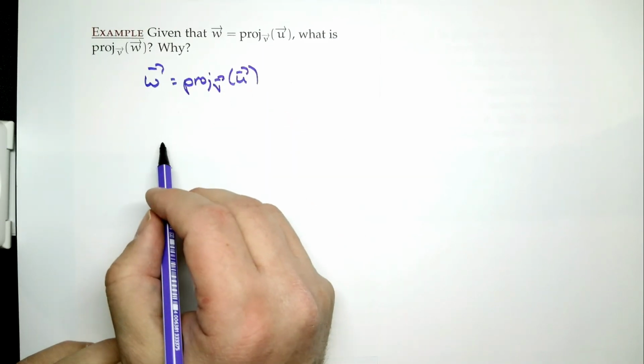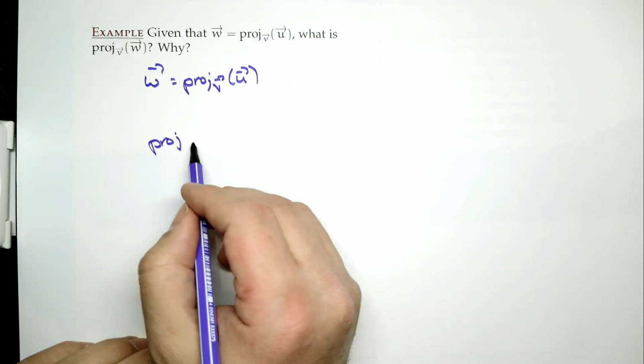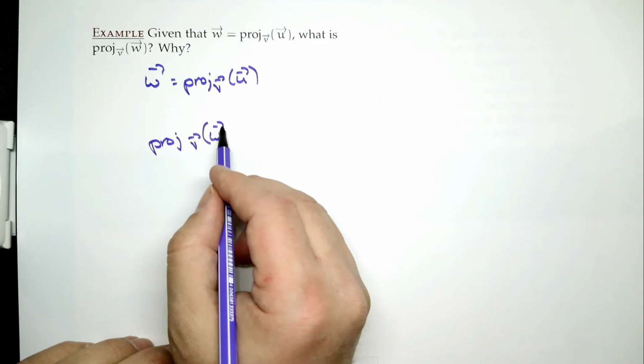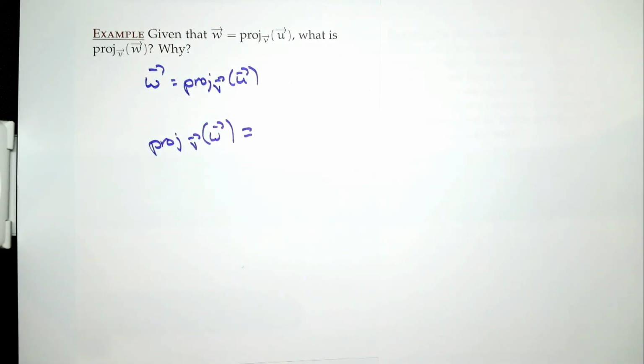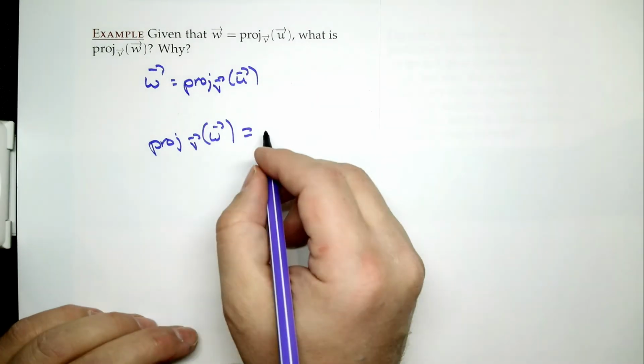What is the projection of v onto w? Do we have enough information to figure this out? Now, sometimes it might be we don't know, we can't figure it out. Any thoughts? w. It is w.